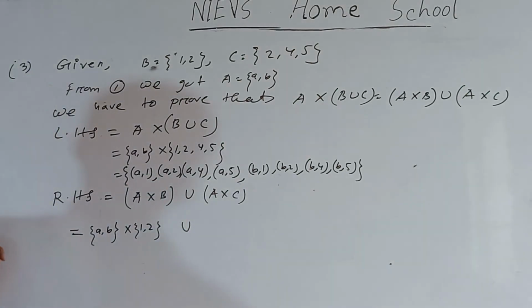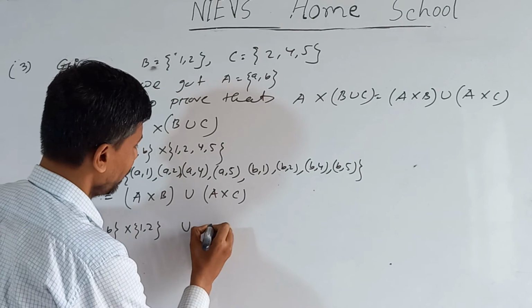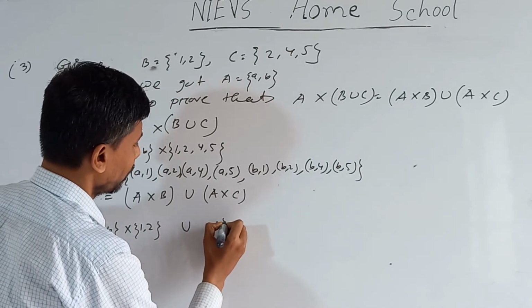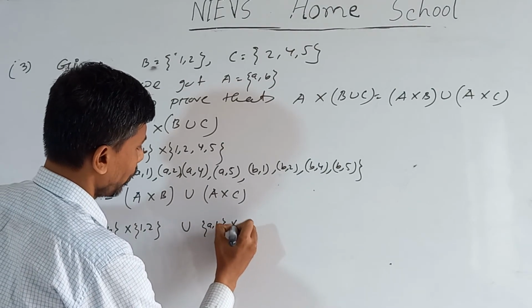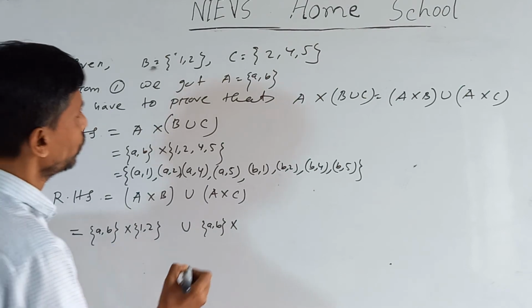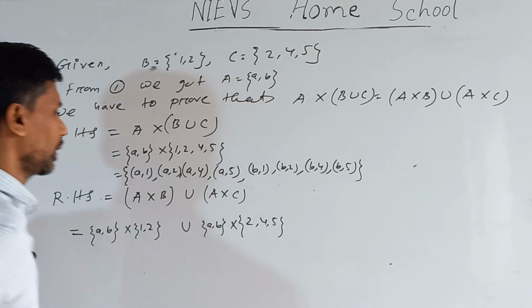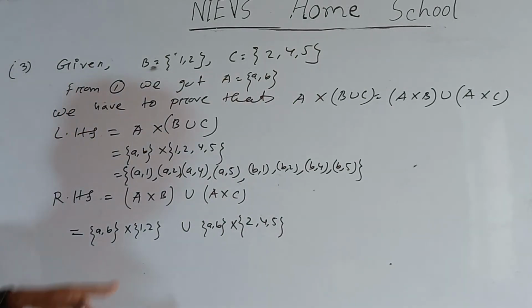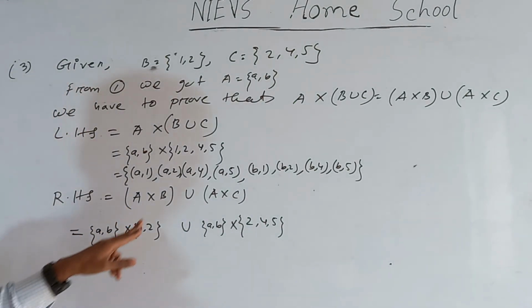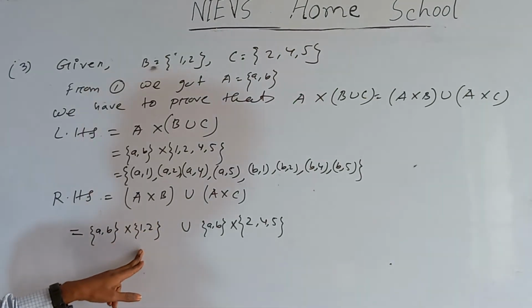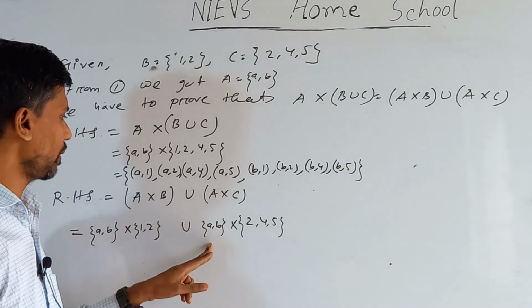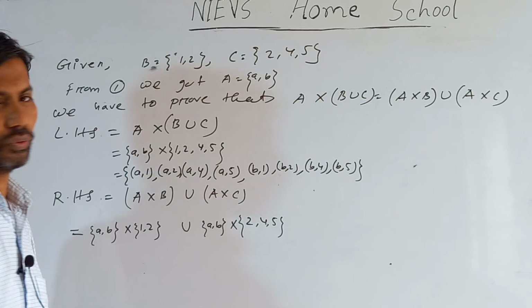Union A cross C, A means {a, b} cross C, C means {2, 4, 5}.